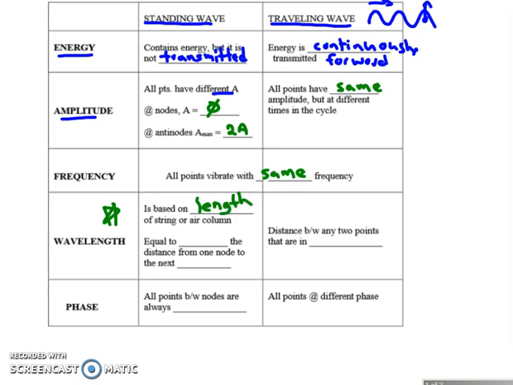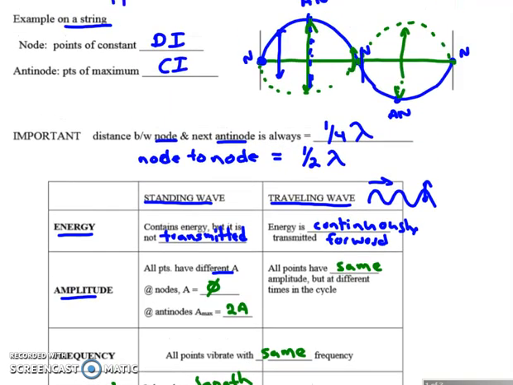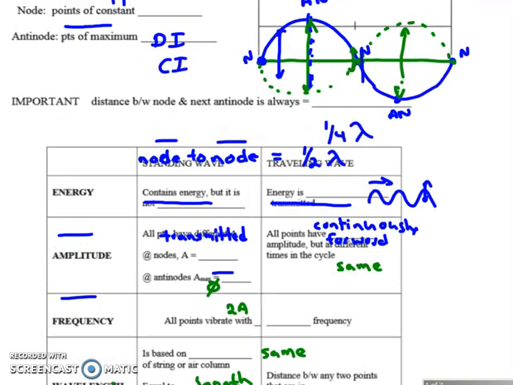We talked about brass instruments or woodwind instruments. In this particular case, this string, for whatever choice, is a certain length L. So if I want to understand the wavelength of this standing wave, it's based on this L. In fact, this wavelength is exactly equal to L.